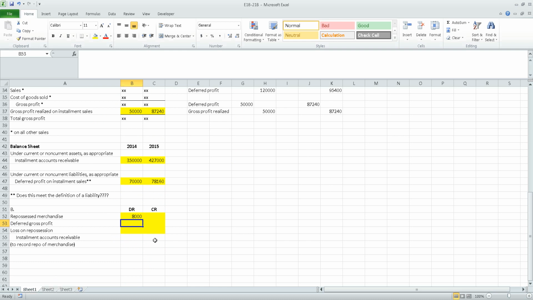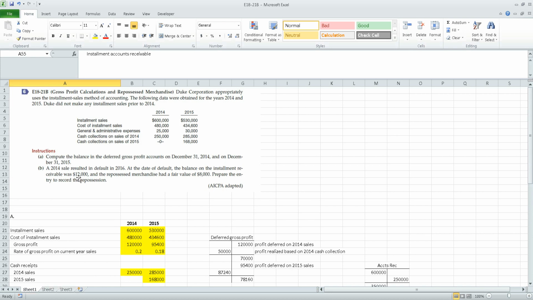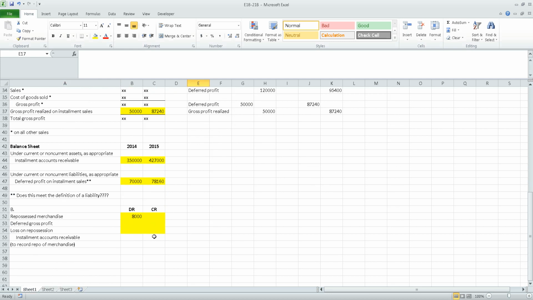The second easiest thing to do is to remove the installment receivable from our books. Whatever they owe us, we remove from the books. They owed us, according to the facts of the problem, $12,000. Since they no longer owe us that because we repossessed the item, we're going to remove that receivable from our books. Credit installment receivables, $12,000.